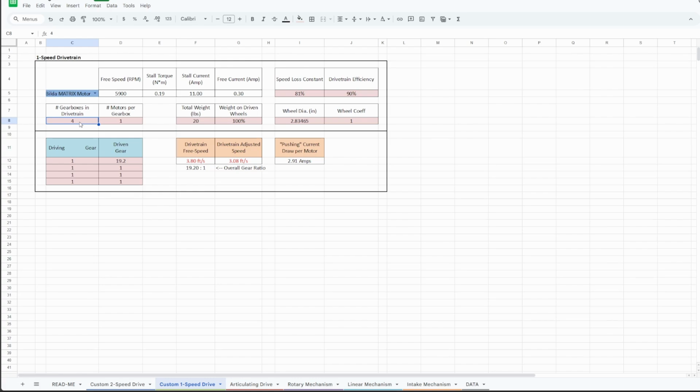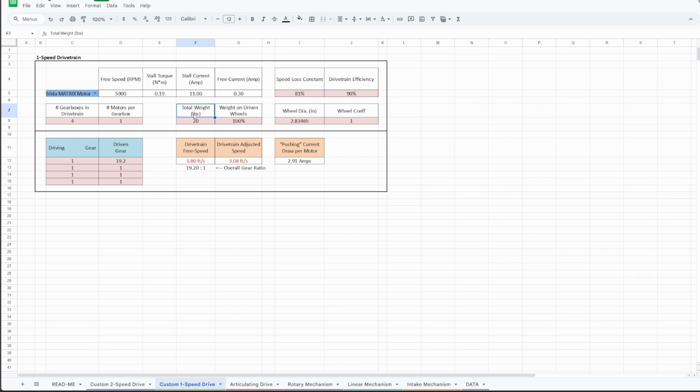Then we have the number of motors per gearbox, which determines how many motors are in each of our gearboxes. In our FTC situation, we have 1 motor per gearbox and 4 motors on the drivetrain. If you had a kiwi drive, you would have 3 gearboxes in the drivetrain with 1 motor per gearbox. And a mecanum drive, again, is still 4 gearboxes in the drivetrain with 1 motor per gearbox.